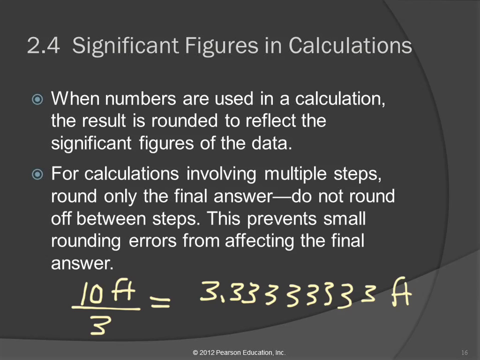So we're just going to run it through, keeping all the digits that the calculator is happily churning out until we get to the final answer. The best practice then is to write the whole thing down and then go back and look, okay, what were the calculations I did and what are the significant figures, and figure out how many sig figs my answer should have and then round it at that point. So that's what we're going to do.